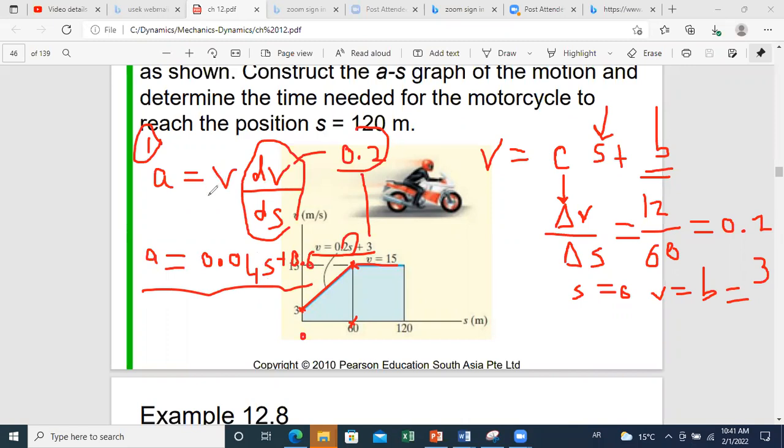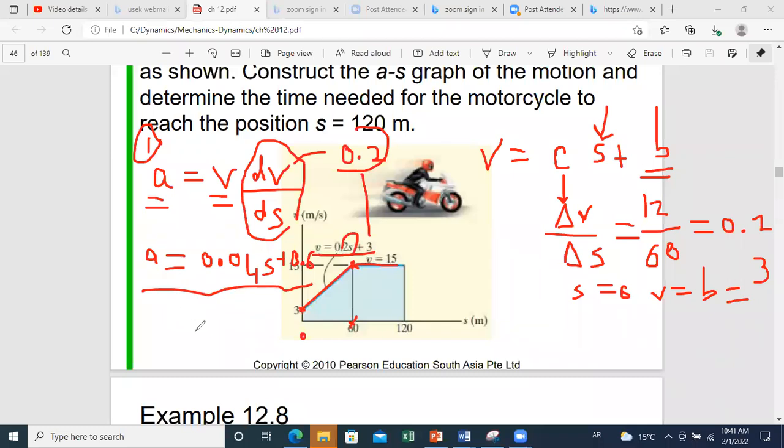But if V is linear with respect to position, dV by dS will be a constant, so A will also be linear with respect to position. Okay, so when V is linear with respect to S, A also is linear with respect to S. But with respect to time, it's not the case.